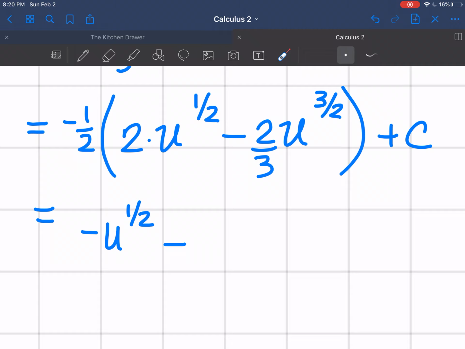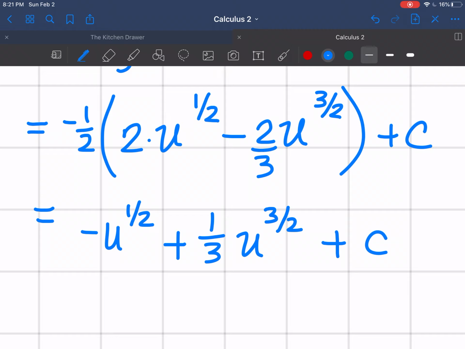The 2 and the 2, they kind of cancel. And then this negative and negative, that makes that a positive. Oh, sorry, not 2. 1/3 u to the 3/2 plus c. Okay, because I've just distributed that multiple.